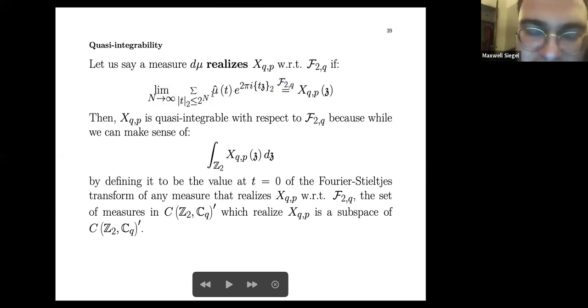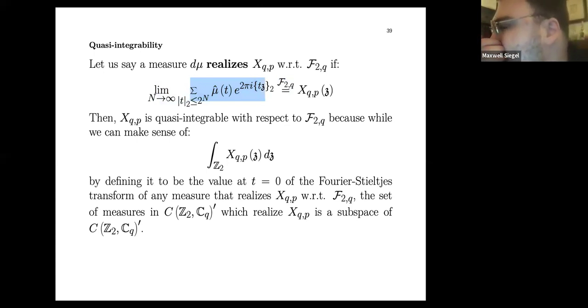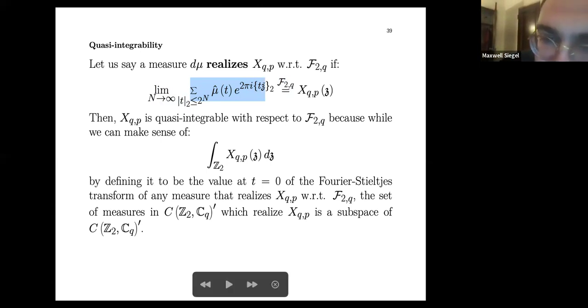If I have a measure d mu and I consider this nth partial sum, this is equal to the measure of a radius 2 to the n neighborhood of the q-adic integer 0 under mu, divided by the measure of that neighborhood.